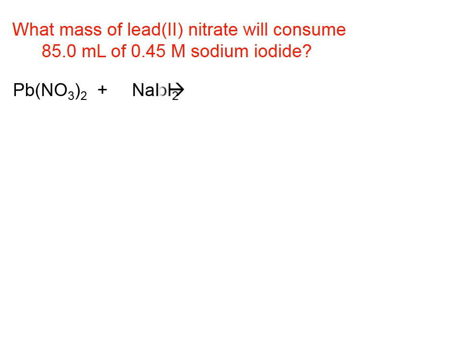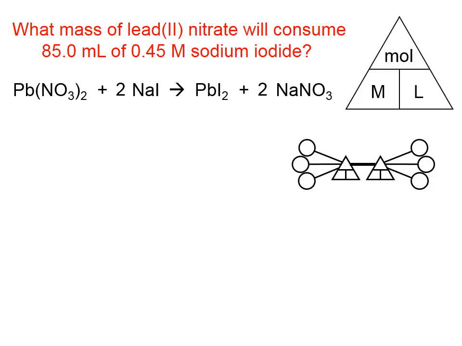We're going to get a lead 2 iodide precipitate, and then we're going to also get some sodium nitrate, which you probably remember from our solubility mnemonics. Both of those products are touched by the solubility mnemonics. Sodium nitrate is soluble. It's not all that relevant for this problem, but anyway. So let's balance the equation by putting coefficients of 2.